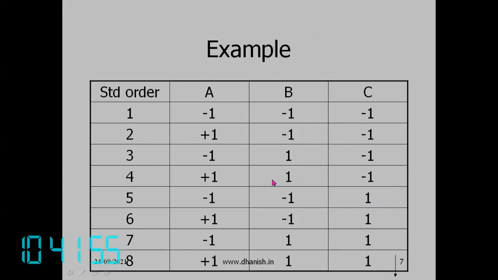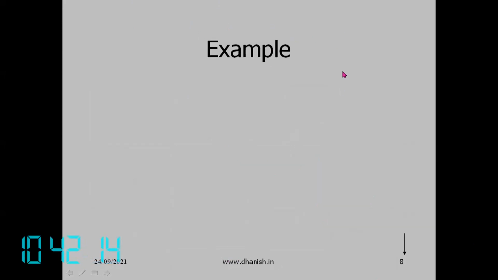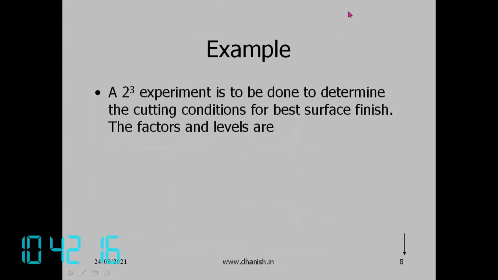The same thing up to here is repeated here. -1, -1, -1, -1, +1, -1, +1, -1, -1, +1, -1, +1, +1, +1, +1, +1. But here all are C is +1. So this is the way we can generate a design.